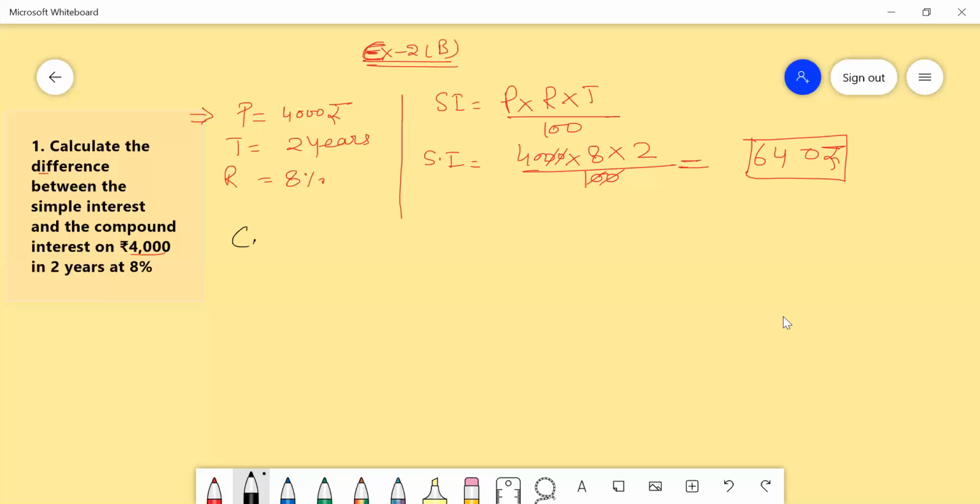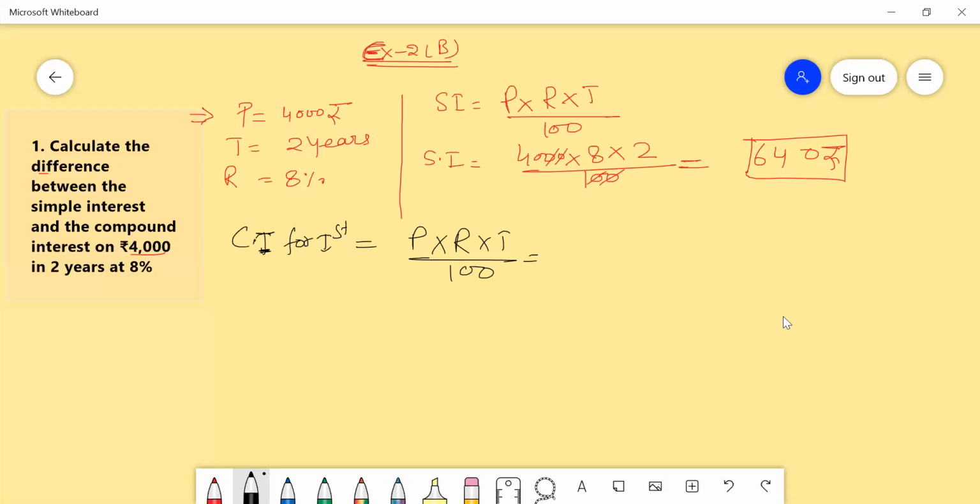Compound interest for the first year uses the same formula, principal, rate, and time upon 100.